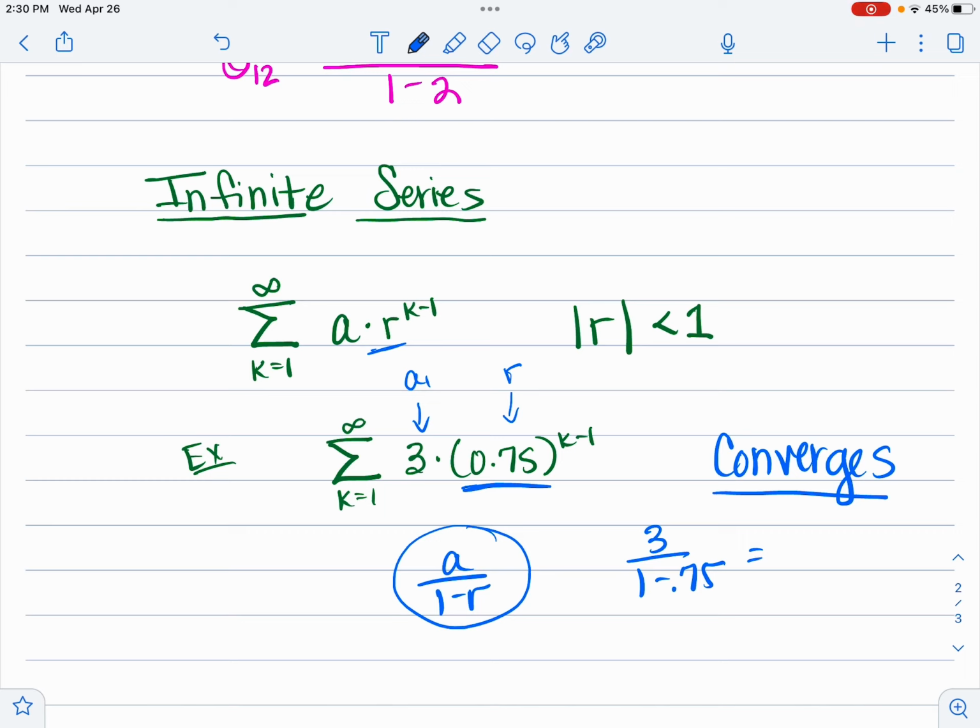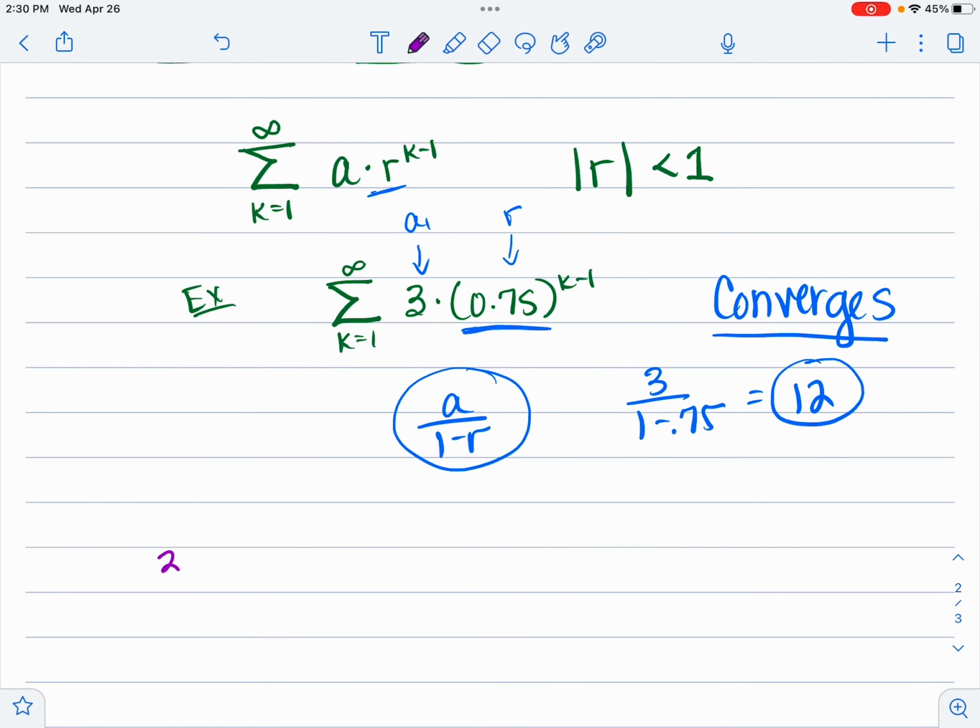And again, my brain just imploded from this. The answer to this one's 12. I can do that in my head real quick. It's just 12. So if I were to add up every single number starting with 3, if I wrote out the sequence, my first term would be 3, and the next one would be 3 times 0.75.